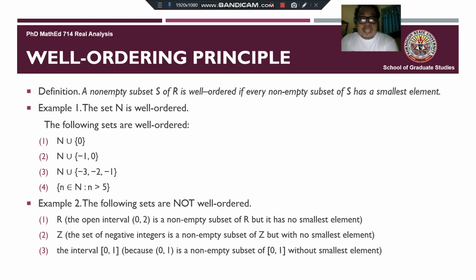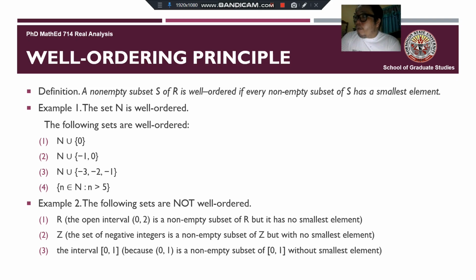So start with 6 up to positive infinity. From that, we can easily identify the smallest element. So instead of 1 as the smallest element of the set of natural numbers, since we have the restriction that n should be greater than 5, in such case the smallest element is 6. So again, those are well-ordered sets.